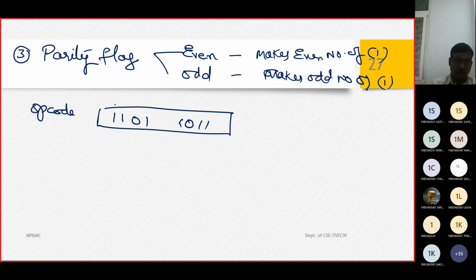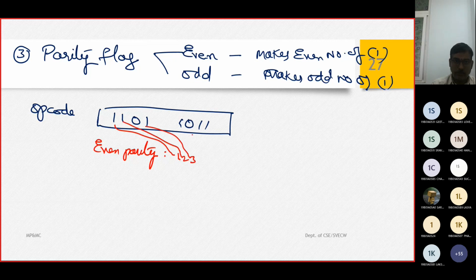Now, I can here mention the concept of even parity. Counting the ones: 1, 2, 3, 4, 5, 6.